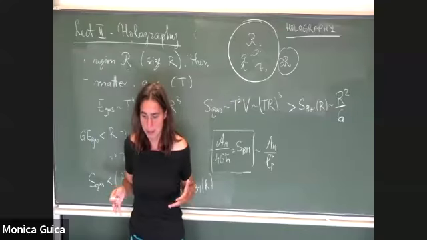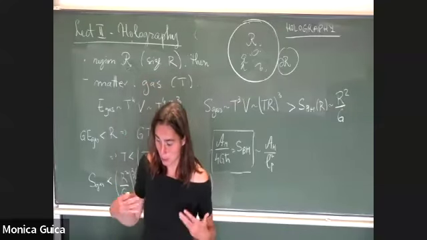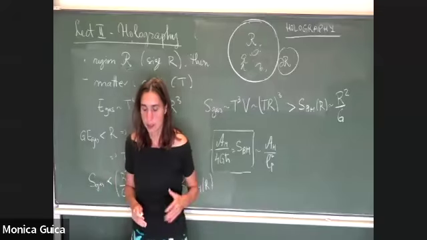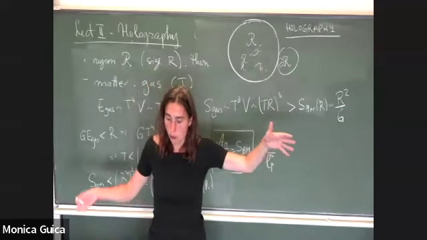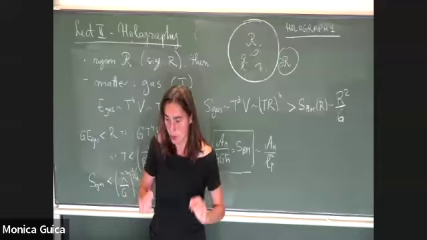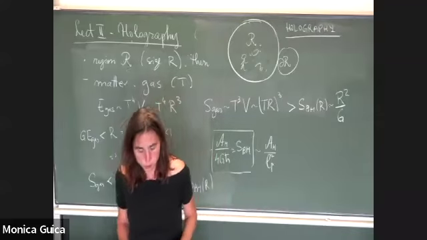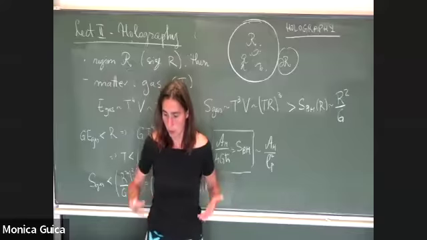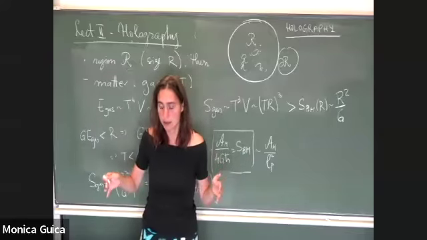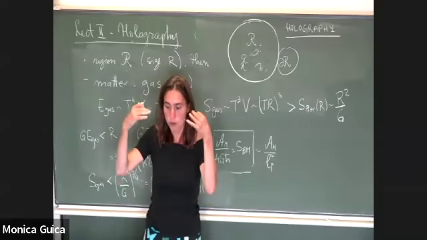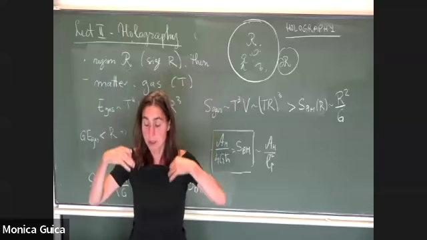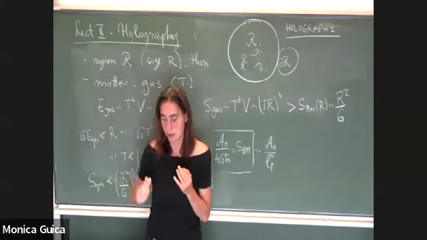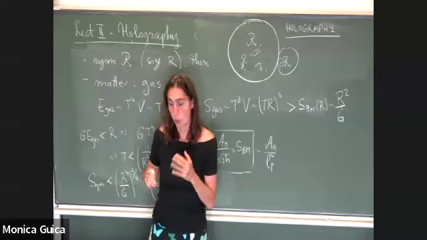You don't have enough degrees of freedom in your theory of gravity to make up a local theory in that number of dimensions, but only for a theory in a lower number of dimensions. So for this reason, the 't Hooft paper is called dimensional reduction in quantum gravity. It says that fundamentally, the full quantum theory of gravity is lower dimensional than the classical limit would seem to indicate.